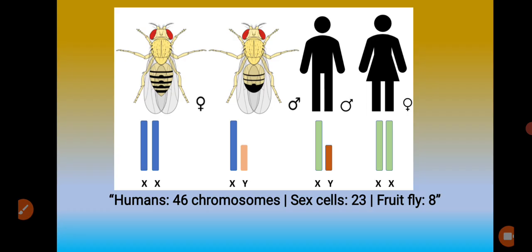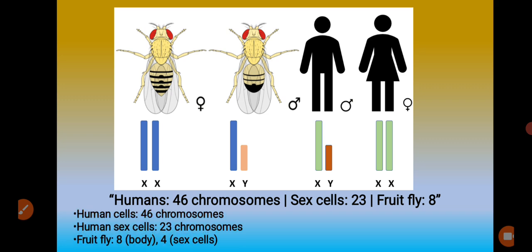For example, inside the nucleus, every species has its own unique chromosome number, isn't it? For example, in the case of humans, there are 46 chromosomes in the diploid or somatic cells, whereas in the sex cells or germ cells there are n chromosomes, that is 23 chromosomes.